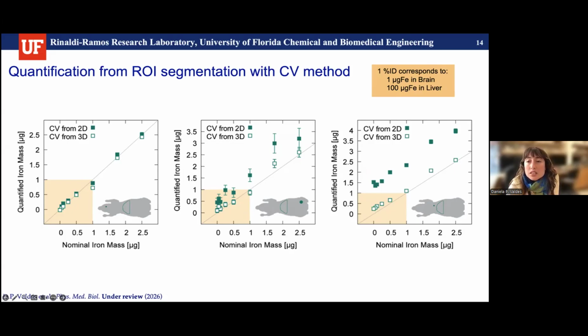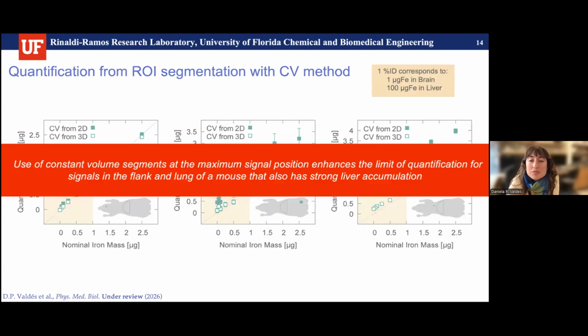It's more clear in the lung, and that means there's some contribution to our quantified iron mass, which, since it's very small for the flank case, can be the background contributing to the signal in the ear. And in the lung, it's more accentuated, so it's the signal that's decaying from the high accumulation in the liver.